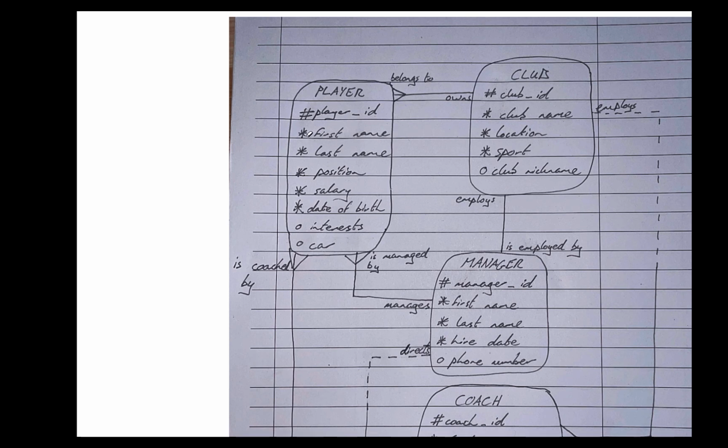We can mention their mandatory attributes, that the first name, last name, or position, salary, and even date of birth of a particular player is mandatory for this database. Okay, for some other database, might be you can say that date of birth is not mandatory, but for this business rule, for this business, they do require date of birth.